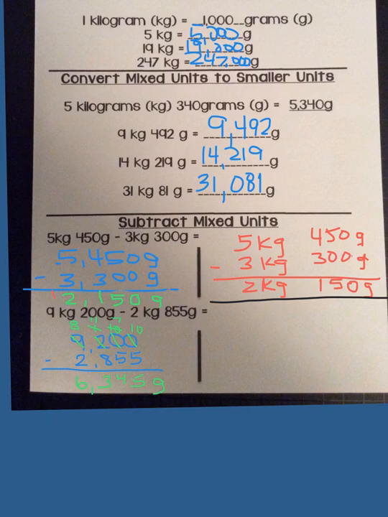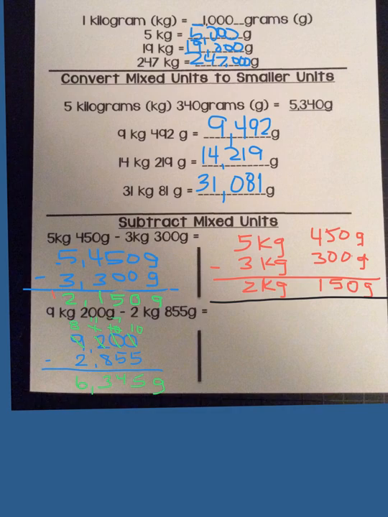All right, that is a great way for this one, again, because 450 is bigger than 300. Down here, it's really hard, still doable, but we're going to go 200 minus 850. We're going to have to borrow here. In this case, it's probably easier to convert everything like we did here to grams and subtract.